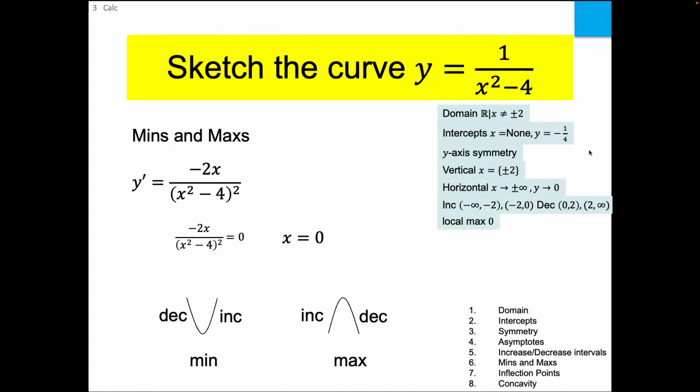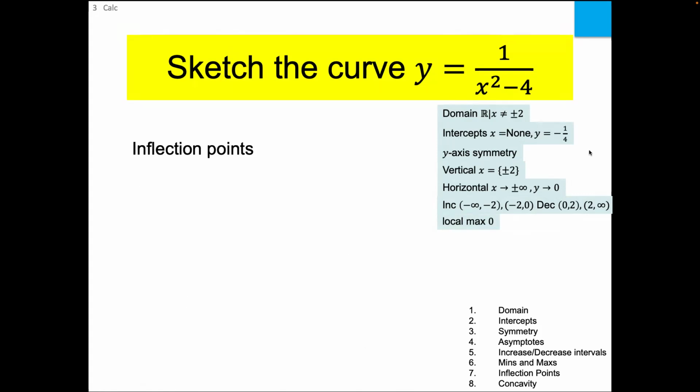Nick, inflection points. We need to take the second derivative. So that's going to be the quotient and chain rule. Low d high minus high d low over low squared. Derivative of the high, minus high: -2x.